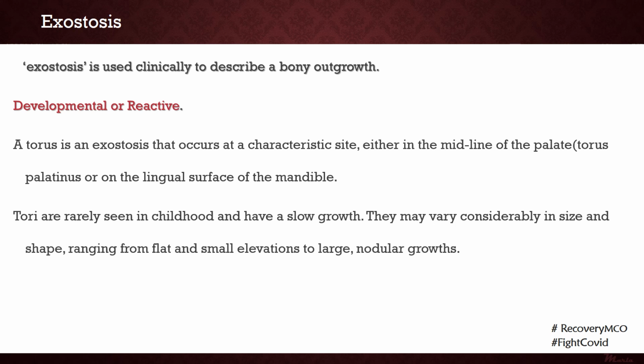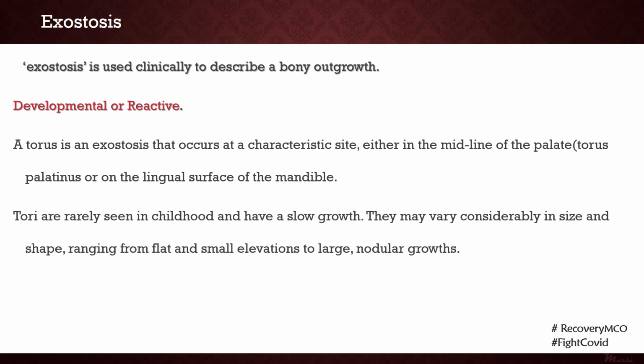The developmental forms generally are also referred to as torus. So torus is a form of exostosis that occurs at a characteristic site, either in the midline, wherein it is referred to as torus palatinus, or on the lingual surface of mandible, wherein it is referred to as mandibular tori.